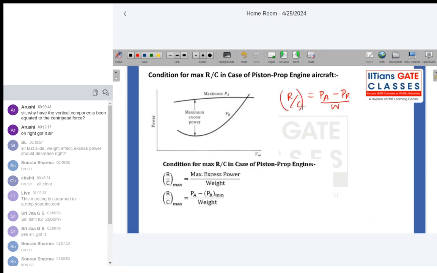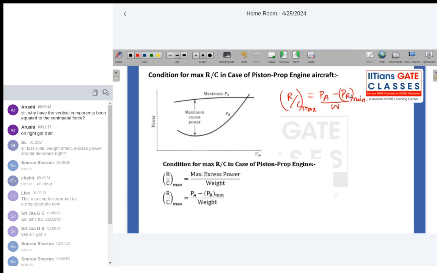For rate of climb to be maximum, your power required should be minimum, because power available depends upon your engine selected. Once the engine is selected, for that particular engine, what is the maximum rate of climb? The maximum rate of climb depends upon power required minimum.